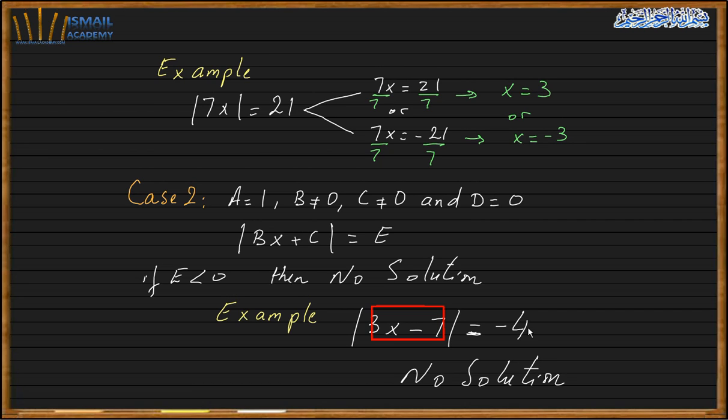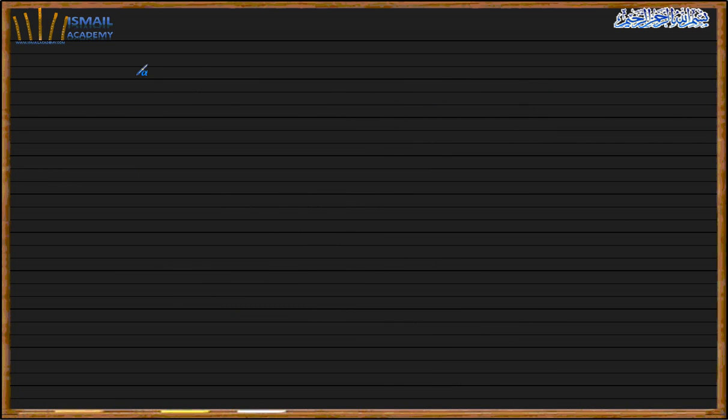So if E is equal to 0, in that case I will end up having what? Then the absolute value of Bx plus C is equal to 0. The only number whose distance from 0 equals 0 is 0.